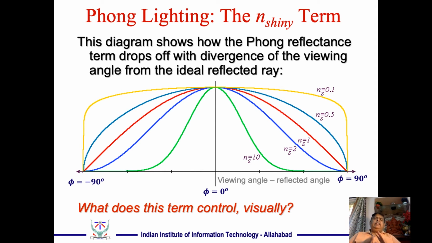So effectively this term of the Phong lighting reduces to the previous Lambert's radiation, because when I take n equal to 0.1 or 0.001, I have a very flat illumination that is similar to the Lambert's illumination that we have already seen.